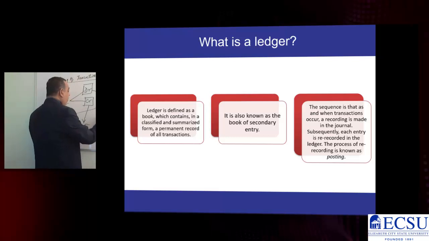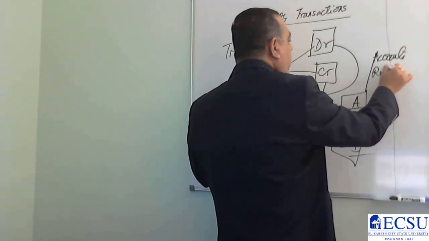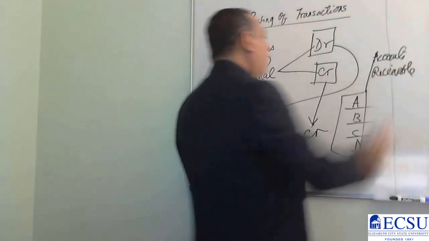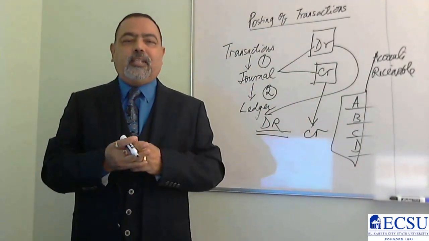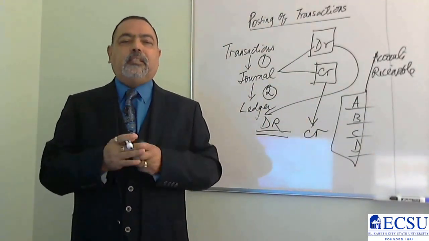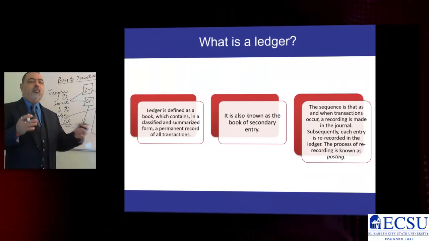Supposing I have A customer, B customer, C customer, D customer, I will have a different account for all of them, and then I will be combining that in a summary form known as the accounts receivable. So that is the summary part of it. So we want the classified information as well as the summarized information, and it is a permanent record of all transactions.